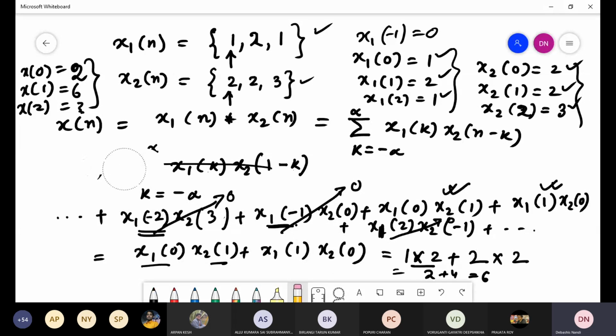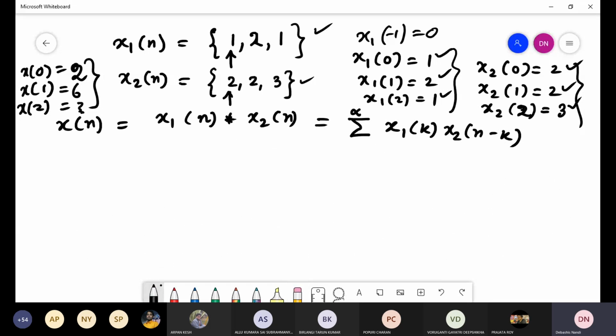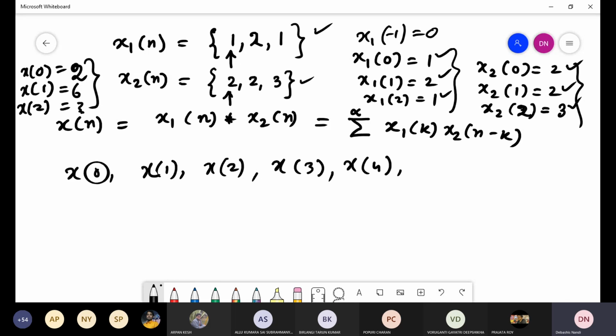So what I want to say is that you perform this summation operation, convolution summation operation, and you find out the values of x0, x1, x2, x3, x4, x5, and you will see that after computing a few values, it may be up to x5 or x6, the other values will be 0.